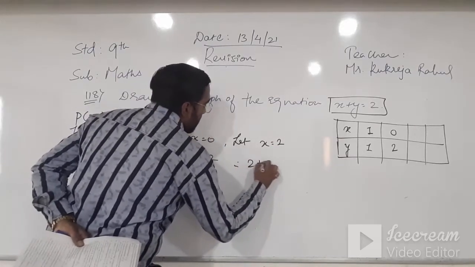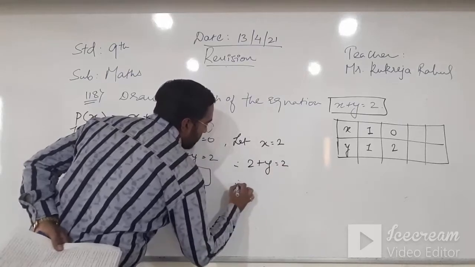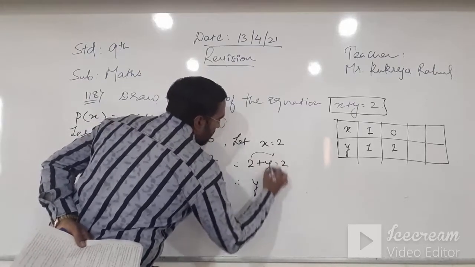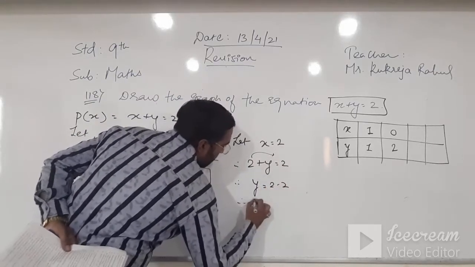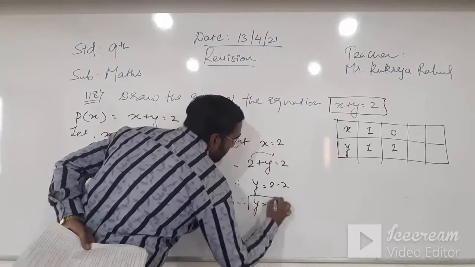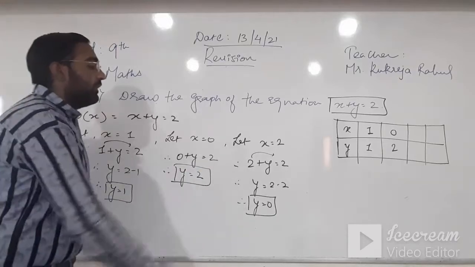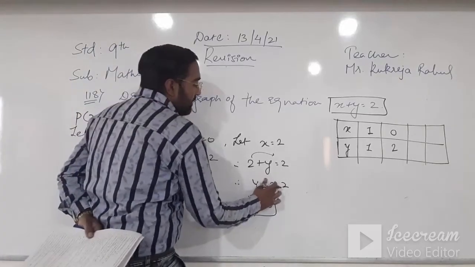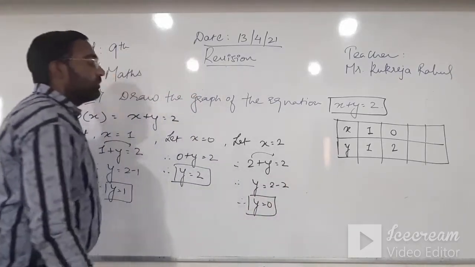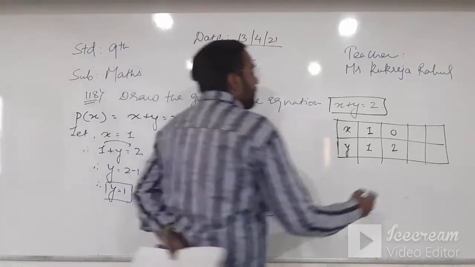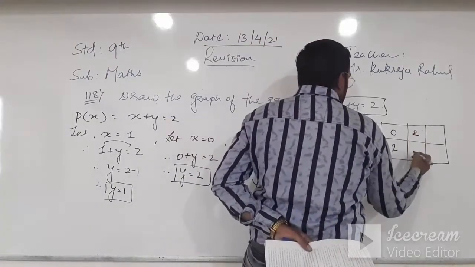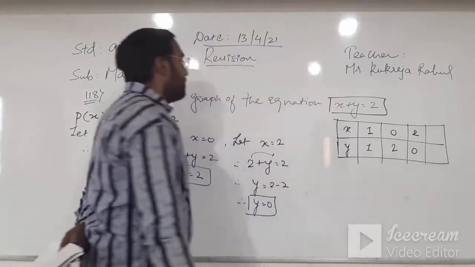Therefore 2 plus y is equal to 2, so y is equal to 2 minus 2, that is y equal to 0. Clear? The 2 is shifted to the other side, so it is subtracted from 2. Then 2 minus 2 is equal to 0. So when we take x equal to 2, then y is equal to 0.